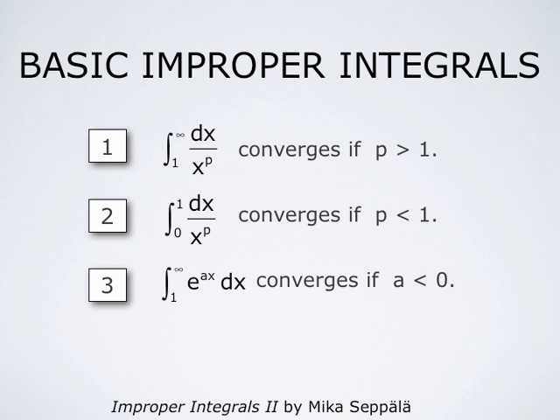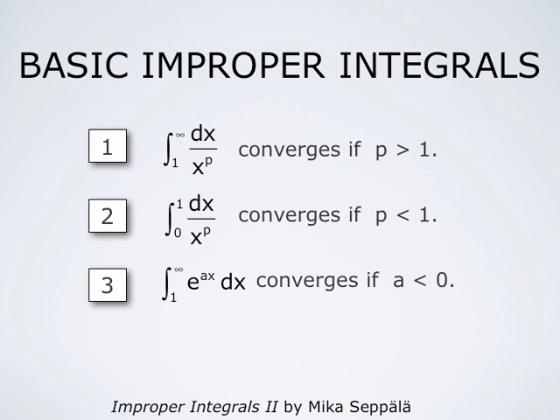We may summarize the previous examples into the following list of basic improper integrals. First, the integral from 1 to infinity dx divided by x to the power p converges if p is greater than 1 and otherwise diverges. This integral is improper because the interval of integration is infinitely long.